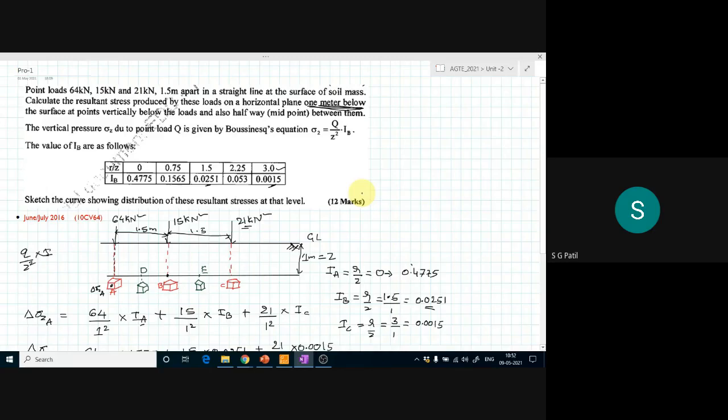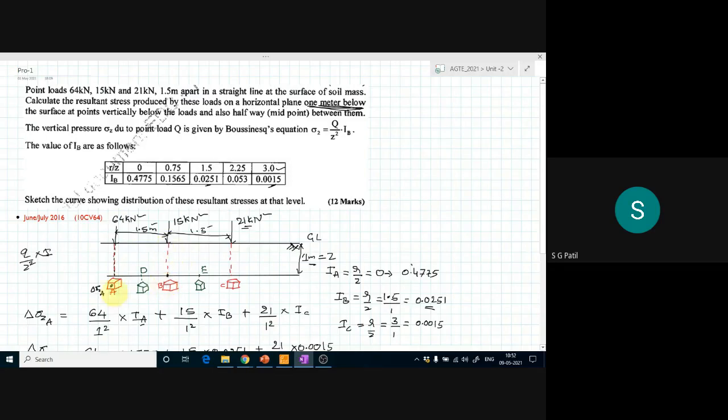This is the first point load, second point load, and third point load. The horizontal distance between those point loads is 1.5 meter. They are asking at a depth of 1 meter to find the stresses below these point loads, and also midway between these two point loads.